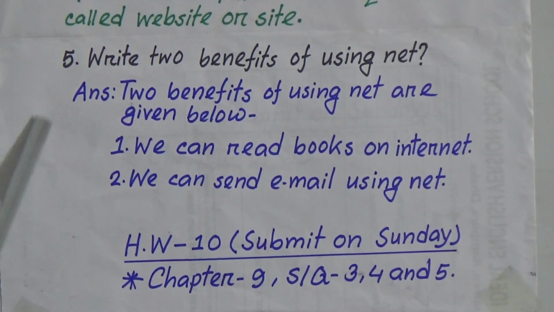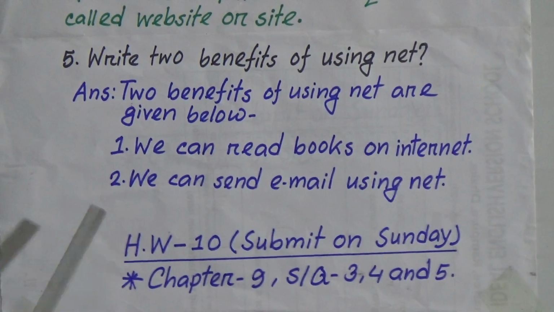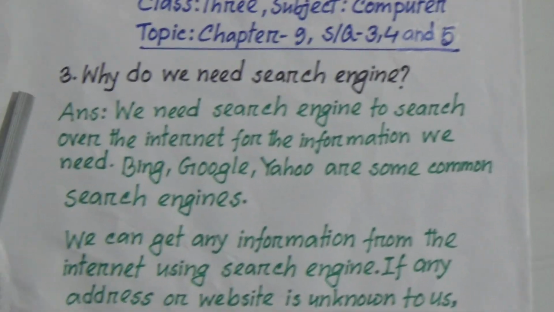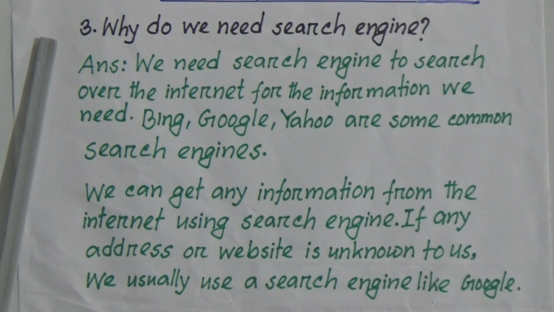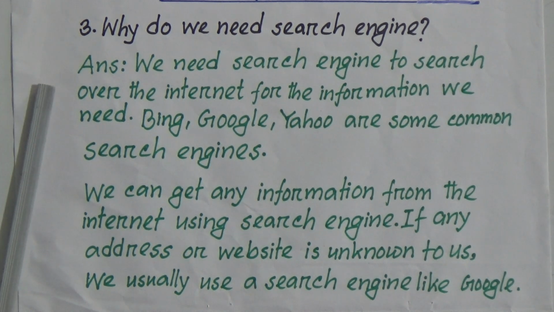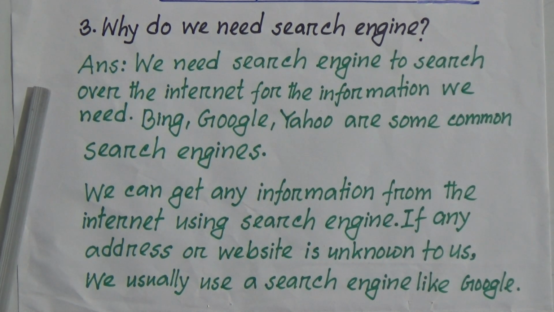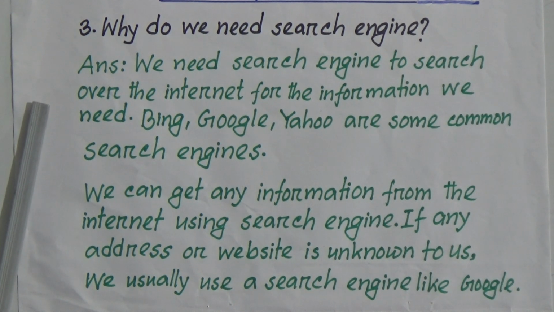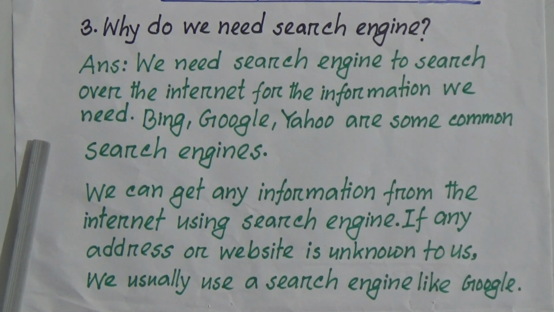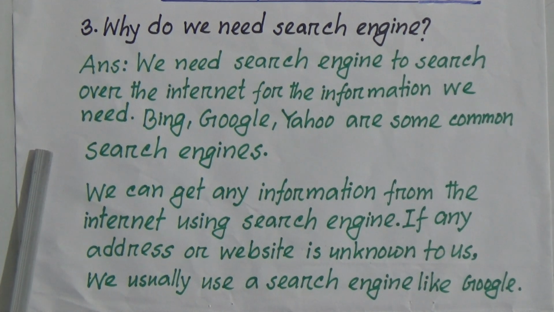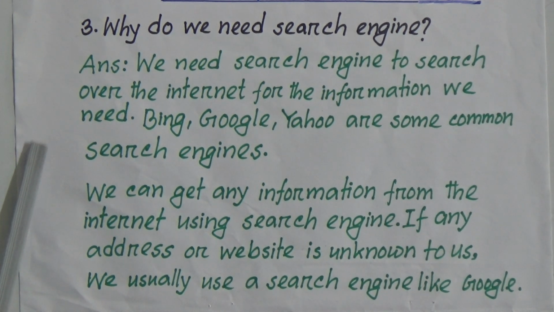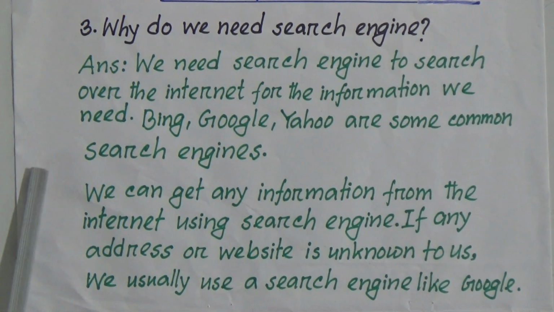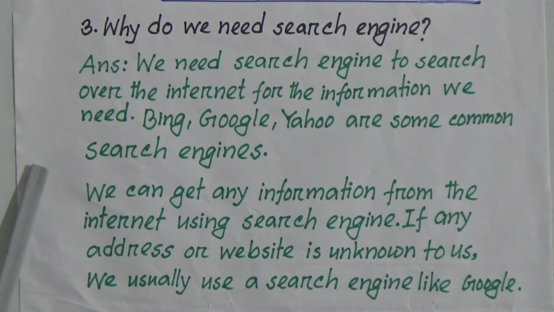So I'm reading it again. Number 3, why do we need search engine? Answer, we need search engine to search over the internet for the information we need. Bing, Google, Yahoo are some common search engines. Bing, Google, Yahoo will be in capital letters.